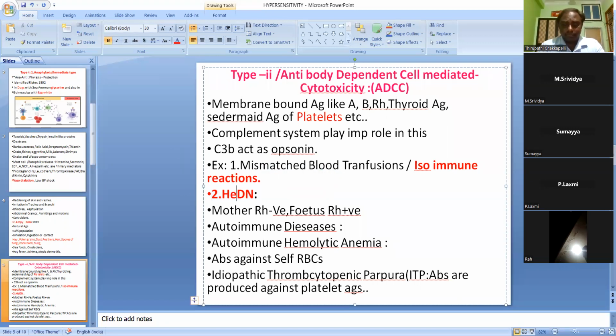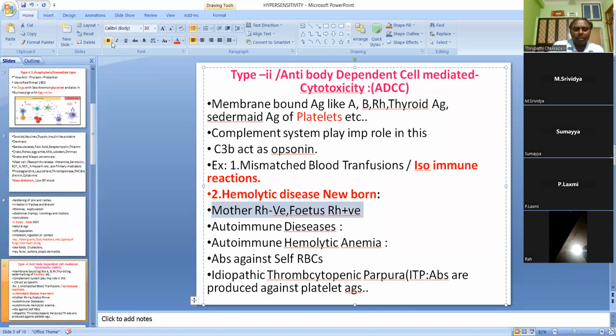And the second example for type 2, I will not explain this one either: hemolytic disease of newborn. Very good. It is also an example of an isoimmune reaction.